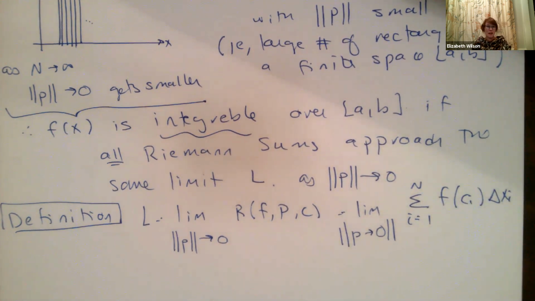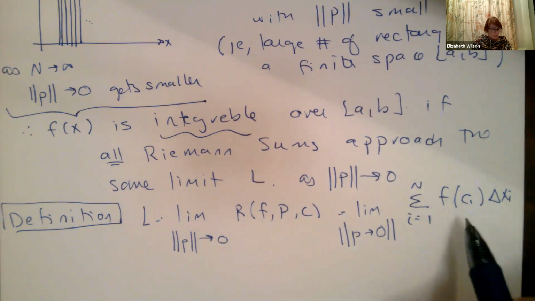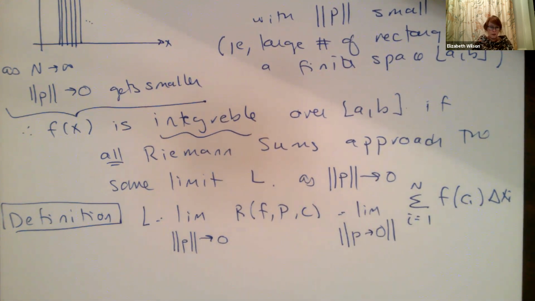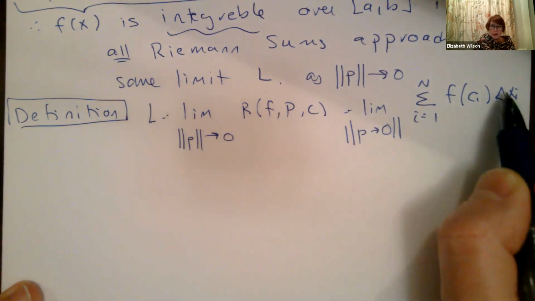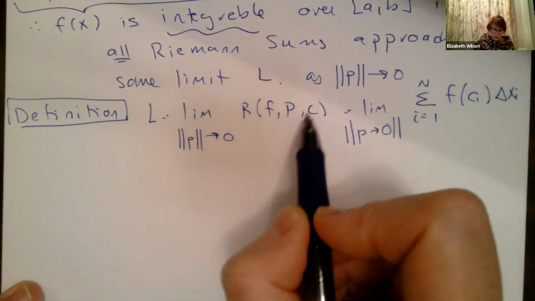We're going to sum up all those areas, right? That's what the whole Riemann sum thing is, okay? So this is our limit. This is the value that we're getting. This is our Riemann sum, this is our limit.